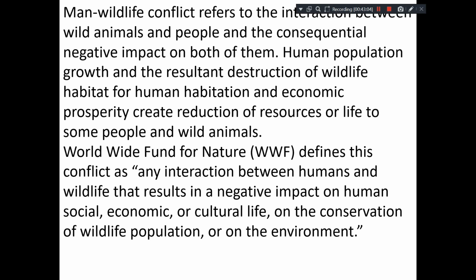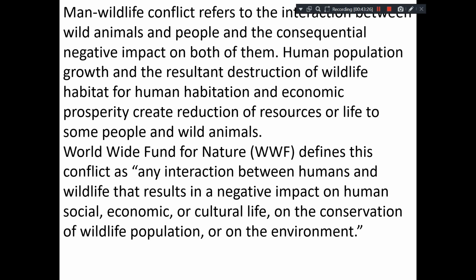So what has happened over a period of time? Our human population has grown exponentially, and we encroach a lot of forest area, water space, everything. So as a result, a conflict has come between wildlife and human beings.